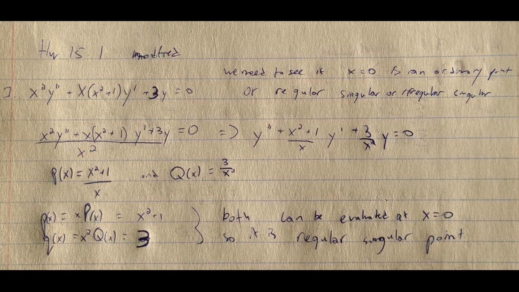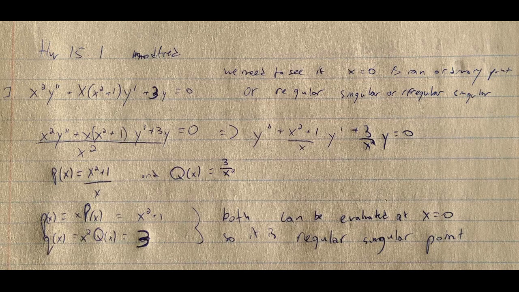We have a of x y double prime plus b of x y prime plus c of x y equals 0, and we divide by a of x. So this is x squared here. That's why we divide by a of x.